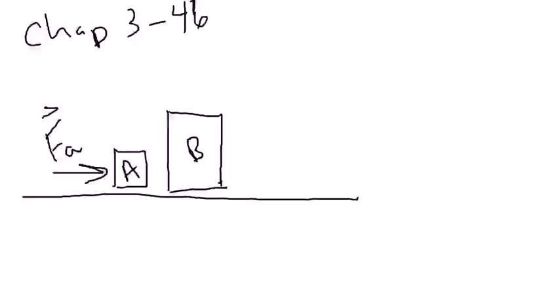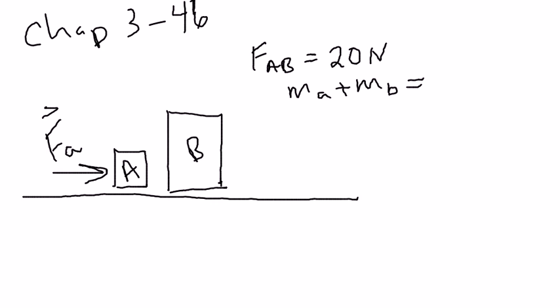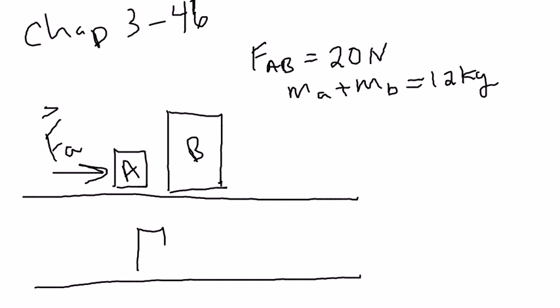And the idea here is that block A pushes against block B, so the force of A on B is 20 newtons. We know that the mass of A plus the mass of B is 12 kilograms. And the other thing we know is that if we were to turn the blocks around, put B first, followed by A, in this case the force of B on A is going to be 10 newtons.